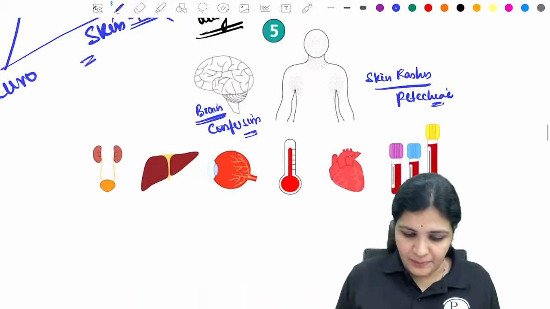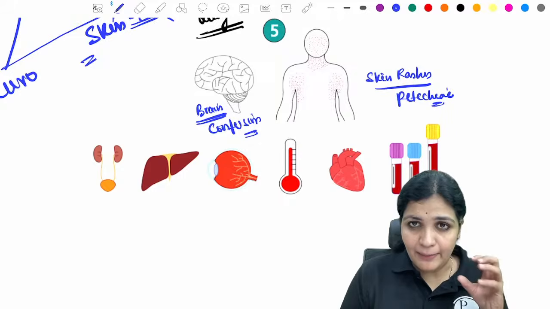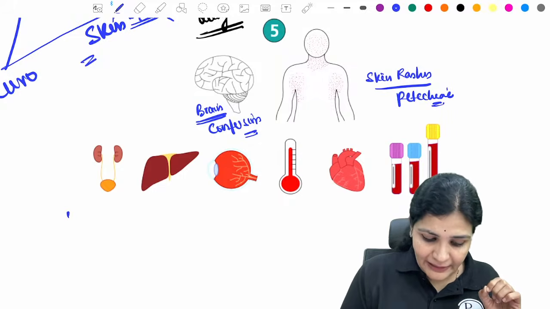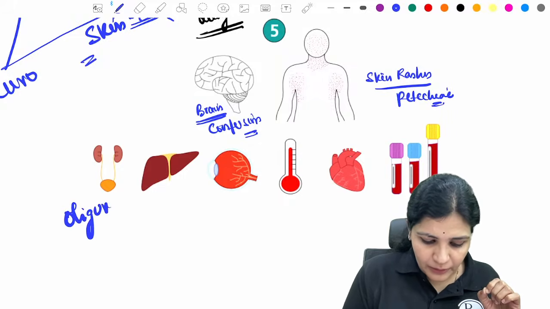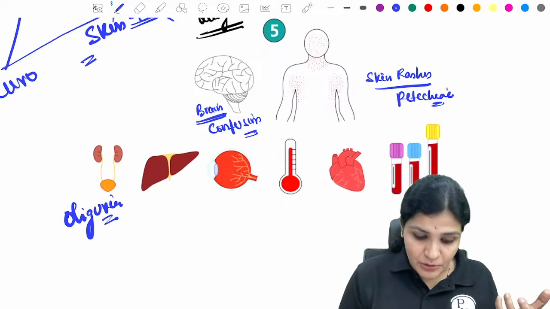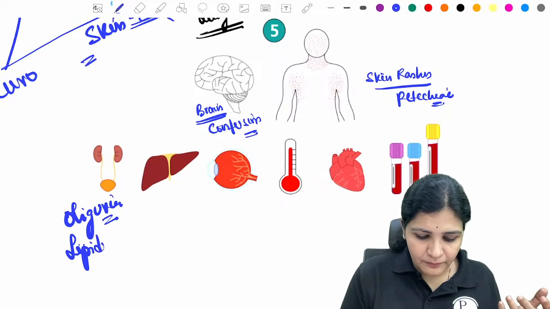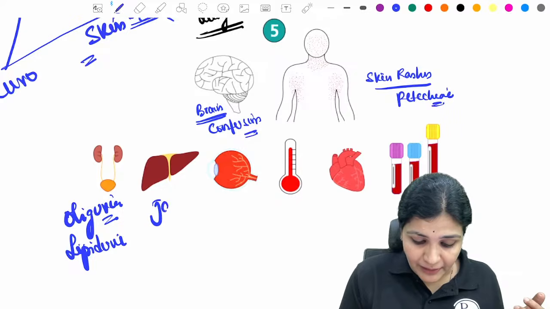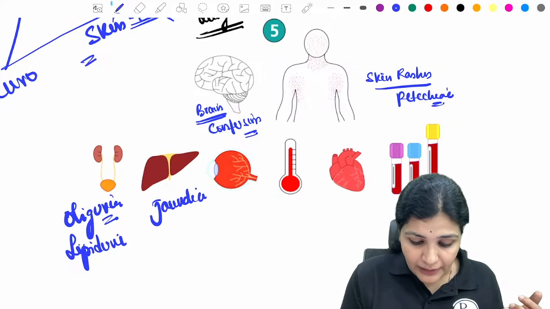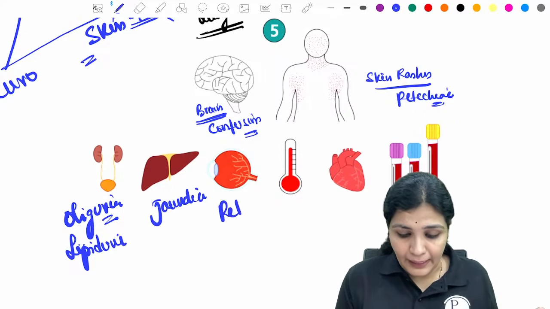The patient can also have fat emboli affecting the kidneys, which will result in oliguria, right, or lipiduria. In the liver, they might result in jaundice, and there are retinal hemorrhages.